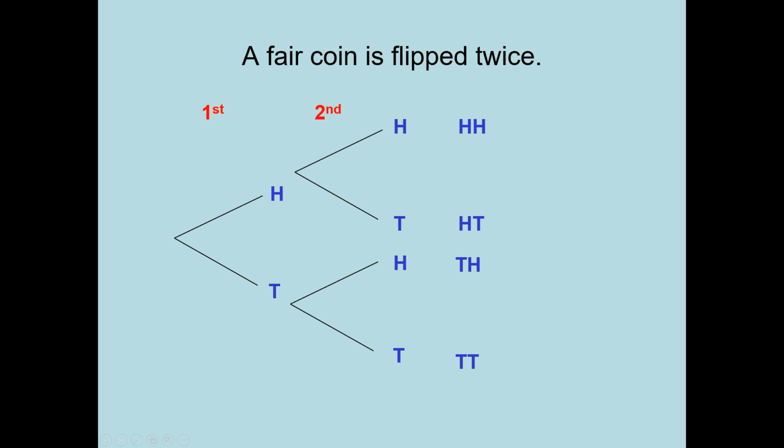Following from the beginning, we end up with heads, heads as one possible outcome. Heads, tails is a second possible outcome. Tails, heads is a possible outcome. Tails, tails is a possible outcome. There are 4 possible outcomes.